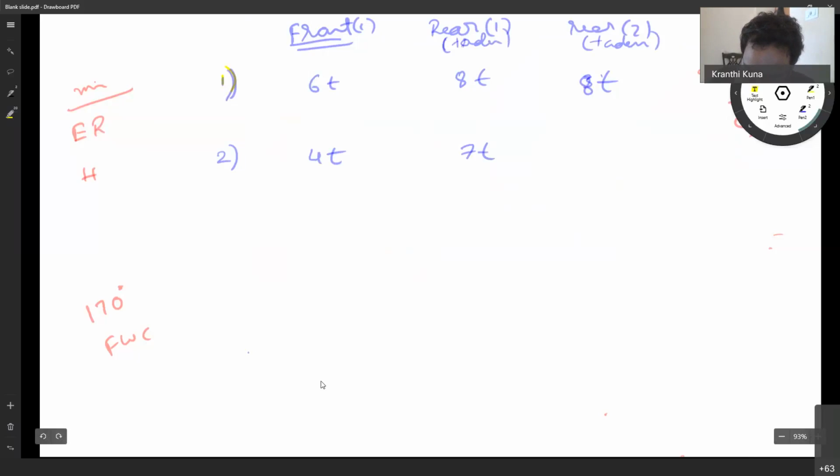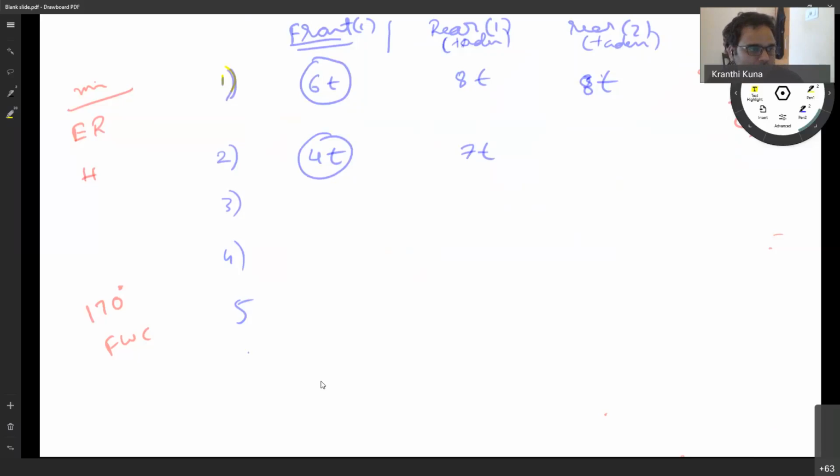Similarly, you carry out for a number of trucks and you will classify. Okay, how many are less than 5, how many of them are between 10 to 20, how many of them are 20 to 30.